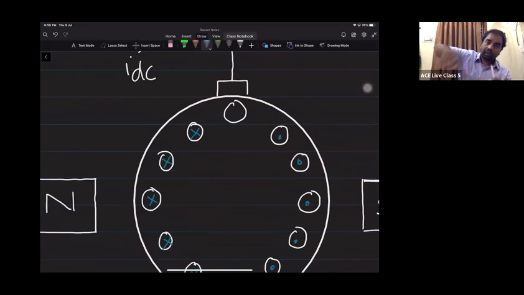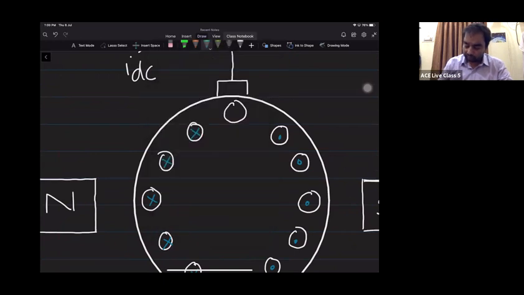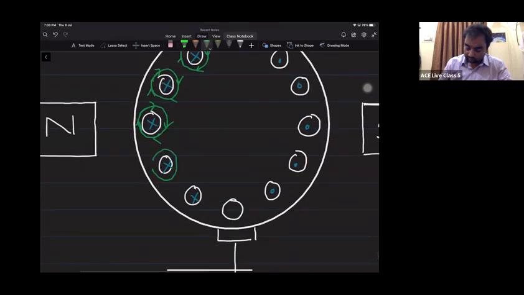Applying the right hand thumb rule, the direction of flux lines will be clockwise like this. These are individual flux loops.